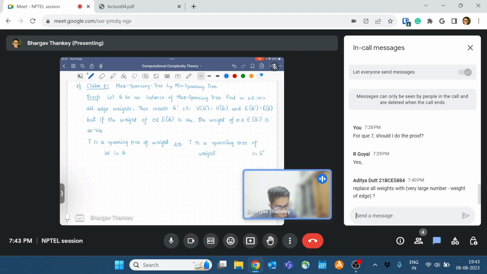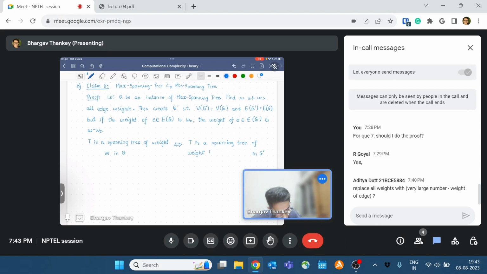Okay, so can you tell me what should I write over here? What should be the weight of T in G prime? What is the weight of T, a spanning tree of G prime? N small w minus capital W.